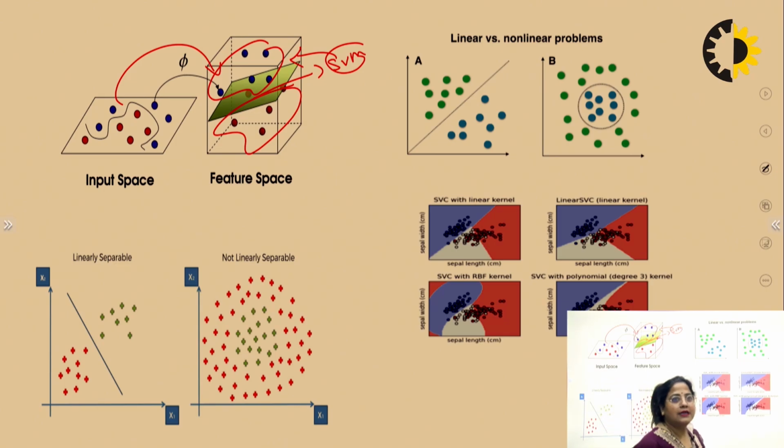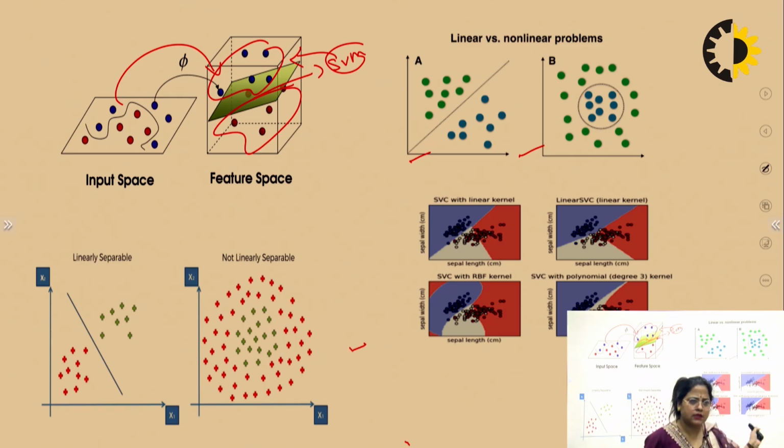Now we come to the linear versus non-linear problem. Linear data means the data is totally linear and easily classified into two or three classes. But non-linear data is where the data is mixed and not classified properly in different ways. So at that time we need the other type of SVM, called the kernel SVM. Here we use the linear SVM, or here we use the other type of SVM.